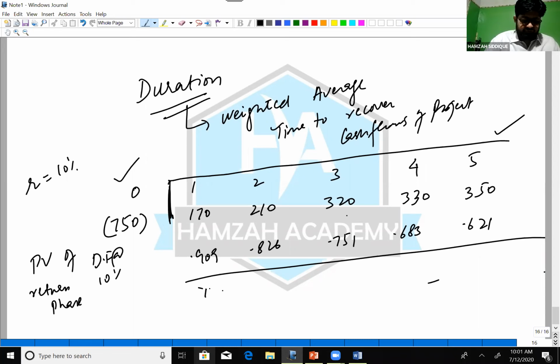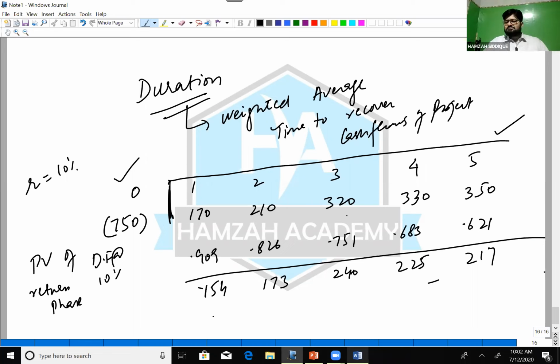It is 154, 210 cross 0.826, 173, 240, 225, 217.